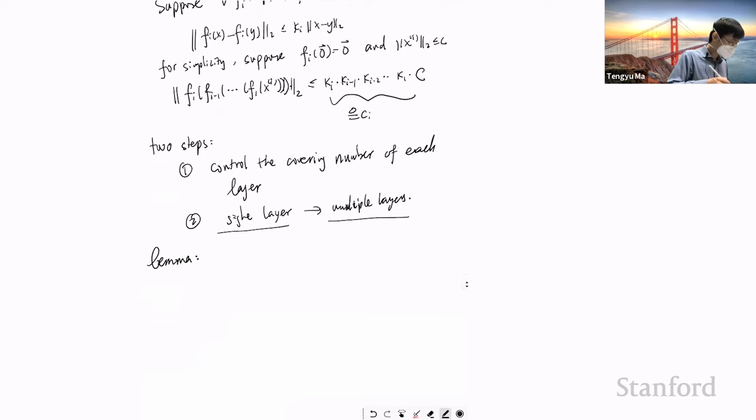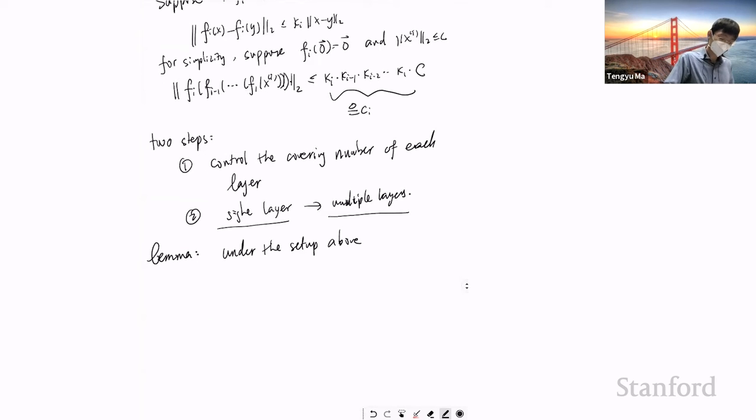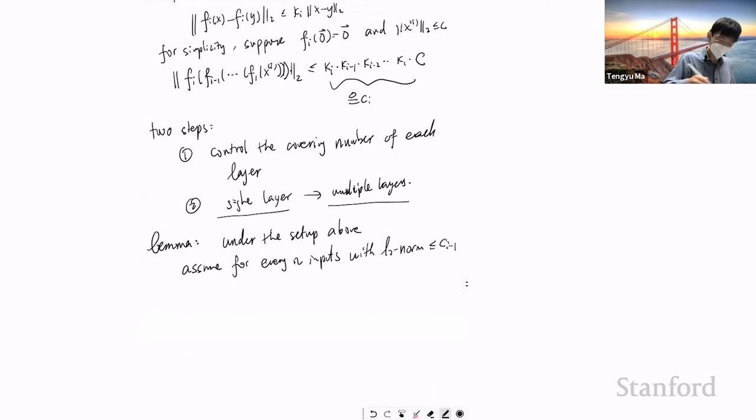Under the relatively abstract setup above, suppose you assume, for every n inputs with L2 norm less than c_{i-1}, these inputs are used to define P_n and the metric L2(P_n). These are the inputs on which you are evaluating your covering number.